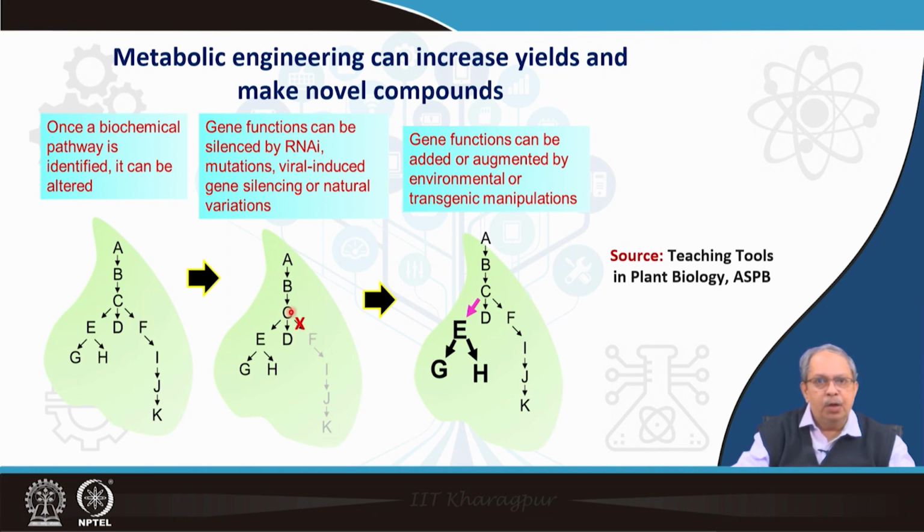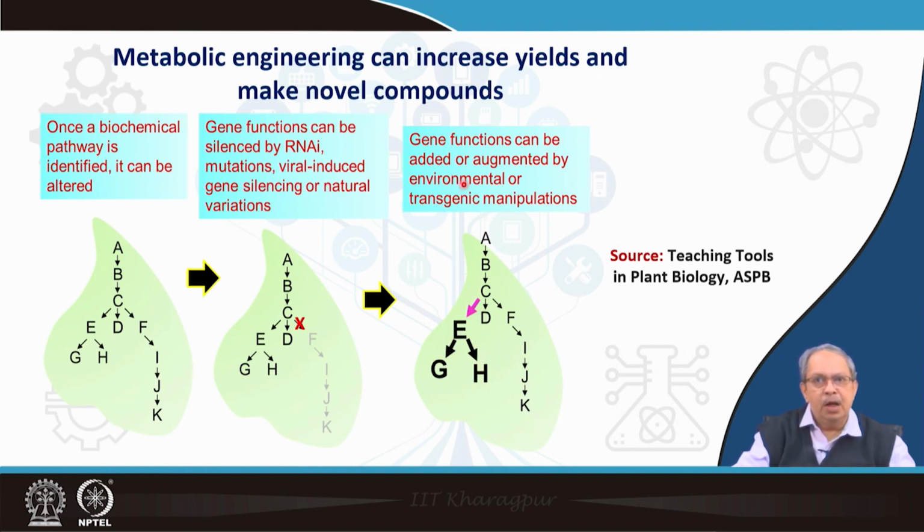As a result, when this accumulates in higher amount, it is possible that the pathway will move in the direction shown by the pink arrow, and produce E in higher amount, and when E is produced in higher amount, it is also possible that G and H can be produced, or you may have to introduce particular enzymes here, which can make more G and more H from E.